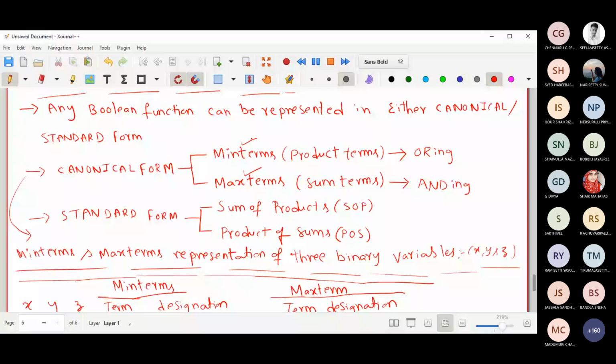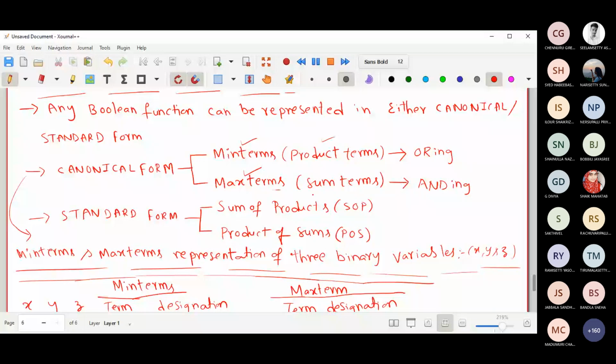Remember here, min terms are nothing but product terms, and max terms are nothing but sum terms.